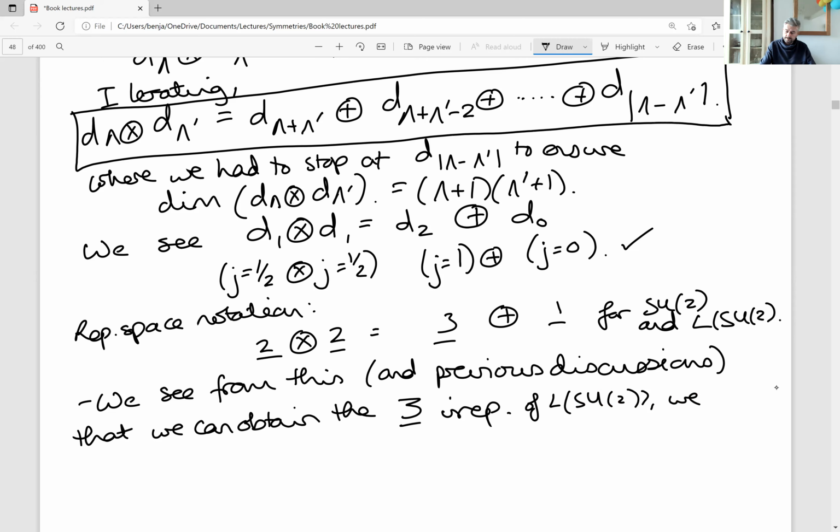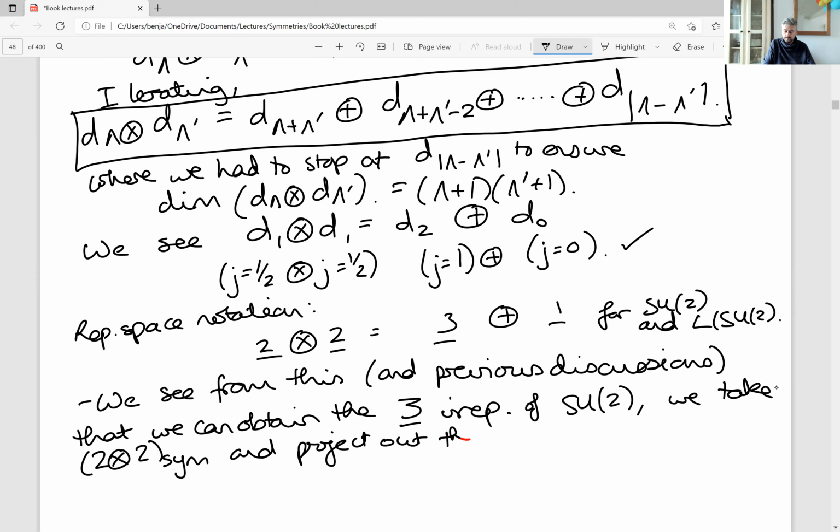Then let's talk about the group just to be clear. We take the symmetric combination of 2 cross 2 and project out the singlet. In other words, we make it traceless.